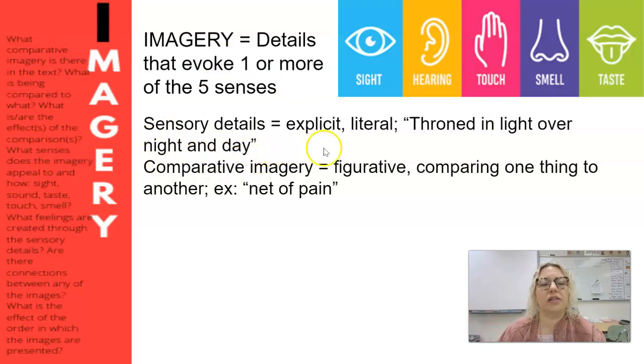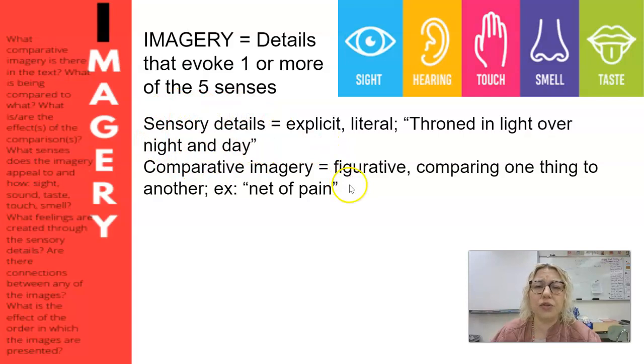Over night and day. It's always bright, whether it's in the daytime or the evening. So that imagery evokes the sense of sight, maybe touch too, with light being warm and radiant. You can almost feel it, right? But that's a good example of imagery that would also be called sensory details.